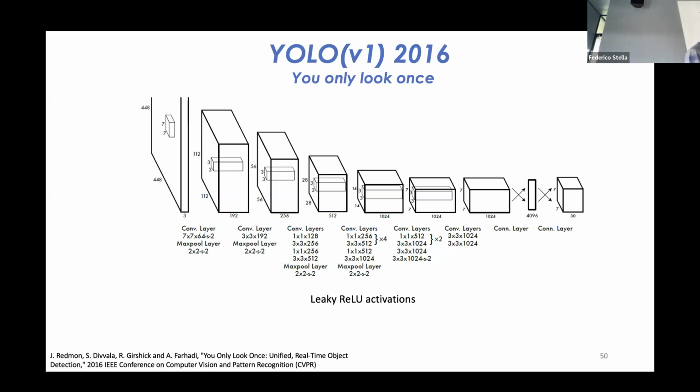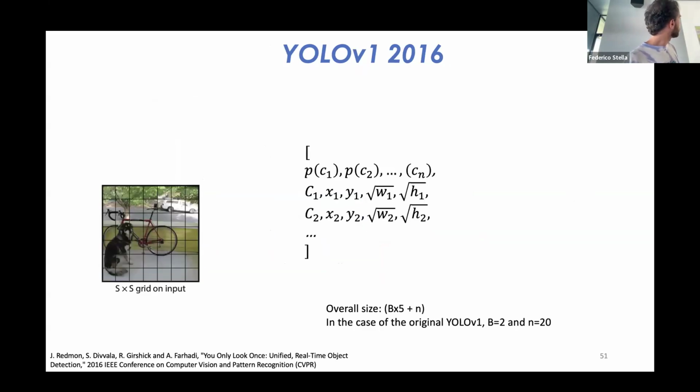And finally, they have a fully connected layer here that brings this big feature space to a single latent embedding of size 4096, and then another fully connected layer to get this output. What this output is, we'll see in a second. And they use leaky ReLU activations.